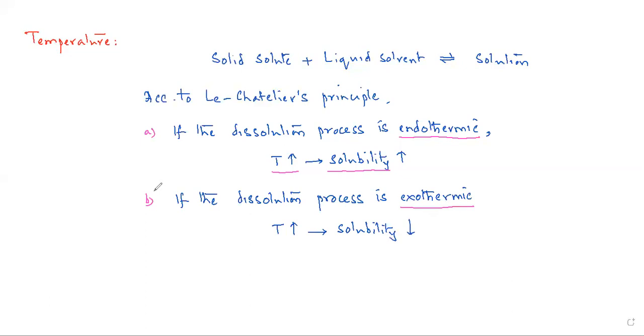We know that for endothermic reactions, increase in temperature favors the reaction, whatever it may be. If it is a forward reaction, it is favored. And if the backward reaction is endothermic, it is favored. Similarly, if the dissolution process is exothermic, with increase in temperature, solubility decreases. Simple, two things. Now, what are solubility curves?